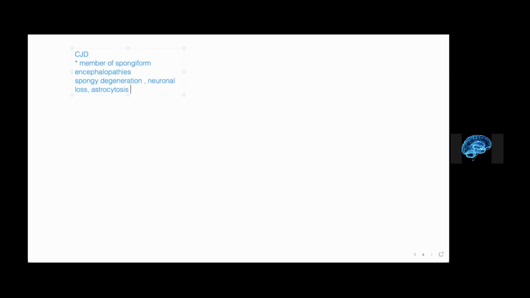Basically, prion proteins are normally degraded by protease. However, in CJD or prion disease, you get that prion that is not degradable by protease, and it deposits and accumulates in the brain, leading to the progressive symptoms. And it's usually a subacute dementia with ataxia.